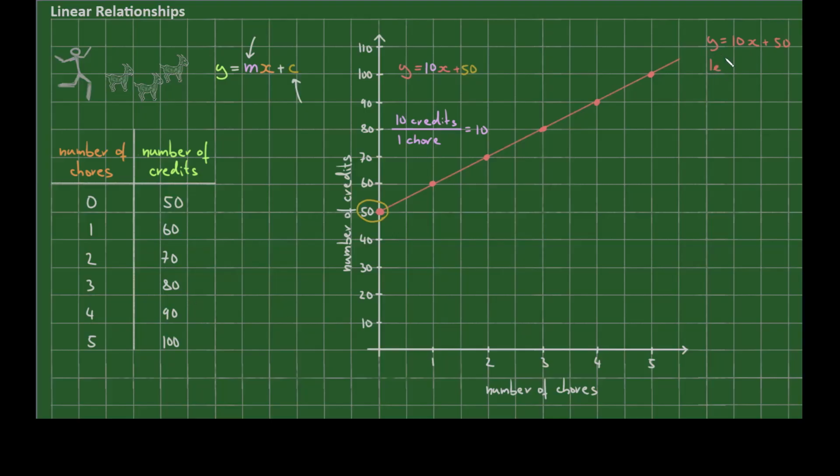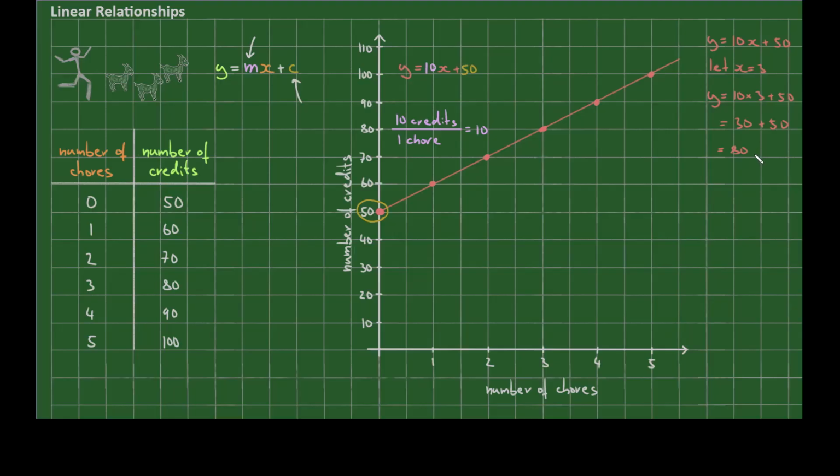I'm going to say let x equal 3 and then see what happens to the y value. I will have y equals 10 multiplied by 3 plus 50. 10 multiplied by 3 is 30, plus 50 will give me 80. Beautiful. That is exactly what we had in the table, which means this equation is correct for this line.